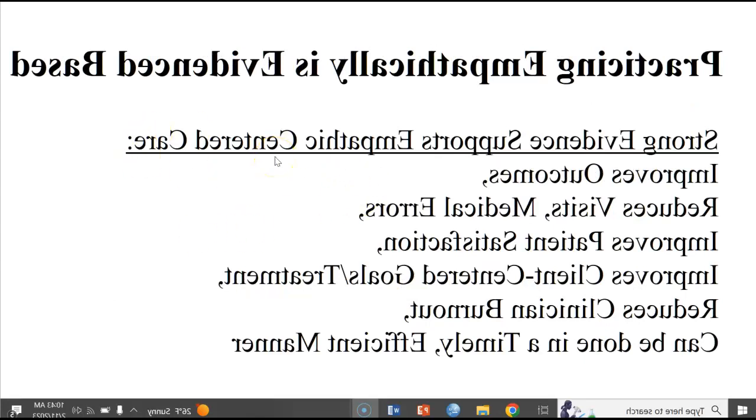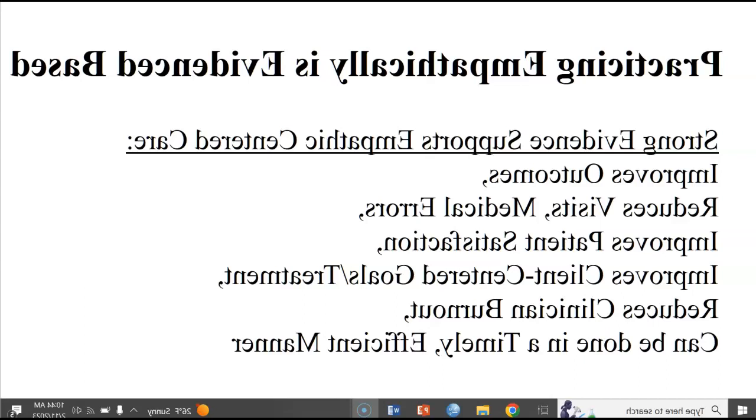Again, why do we care? The evidence between empathy and outcomes is overwhelming. I could give you a book that goes through 1,000 different research articles or research efforts that show that the more empathic you are, the better outcomes you get. The greater the empathy of a clinician, the better the outcome.